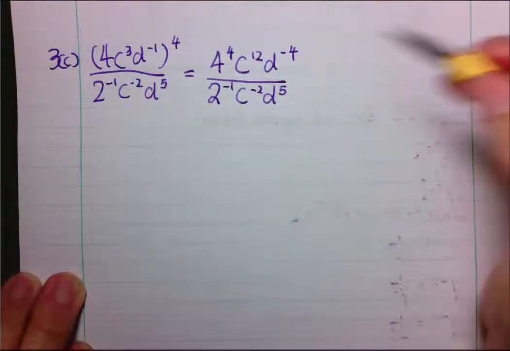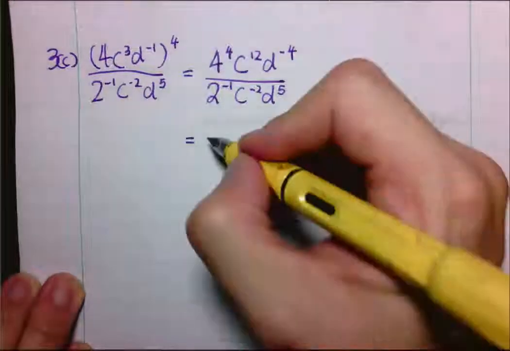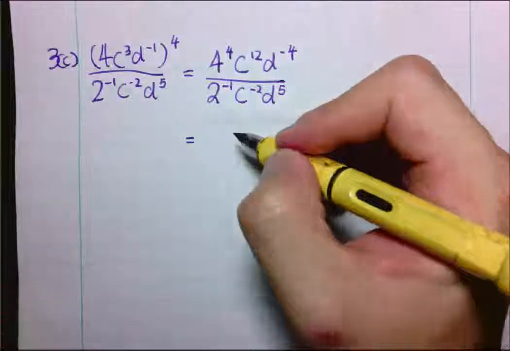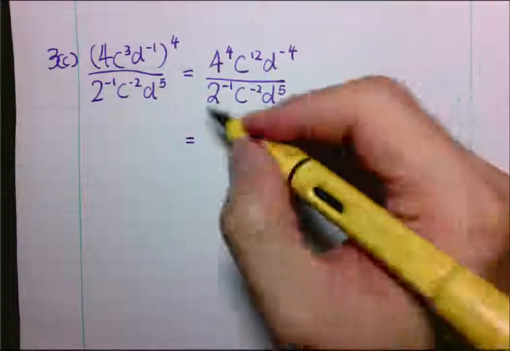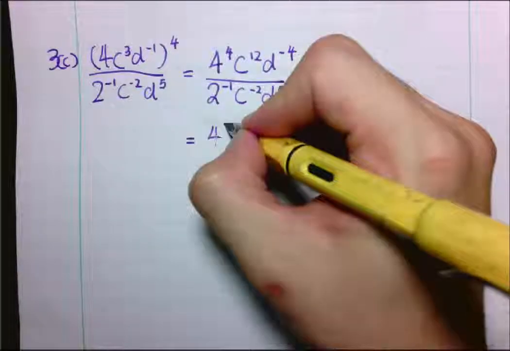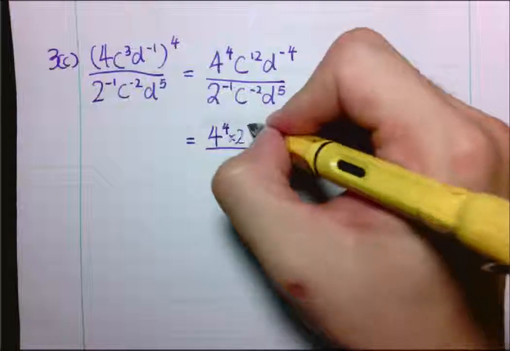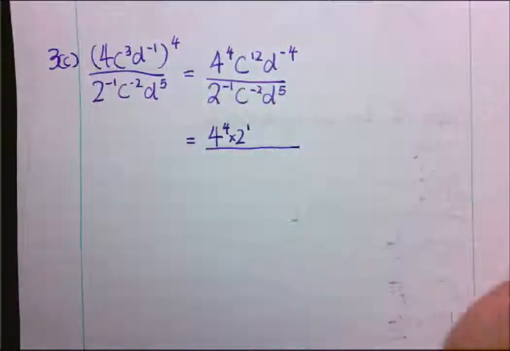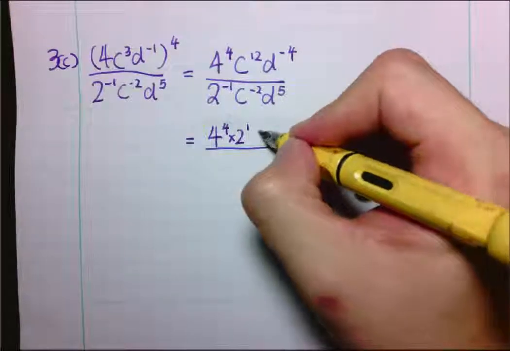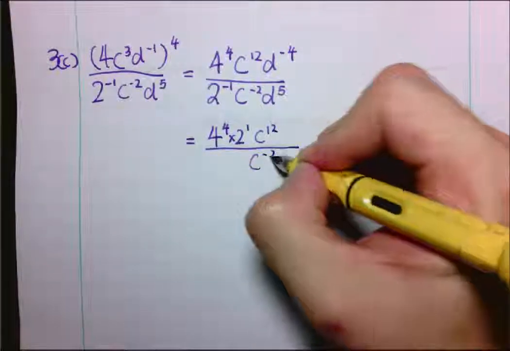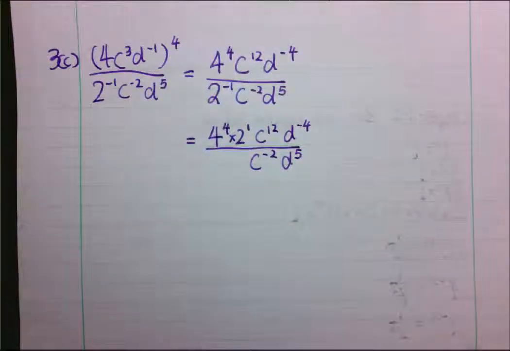Okay, then what we do here is this. 4 to the power of 4, divided by 2 to the power of negative 1. Why don't I just bring 2 to the power of negative 1 up to the numerator, so it becomes 2 to the power of 1. Negative 1 to positive 1, I put it to the numerator. Then I put c to the power of 12, c to the power of negative 2, d to the power of negative 4, d to the power of 5, like that.